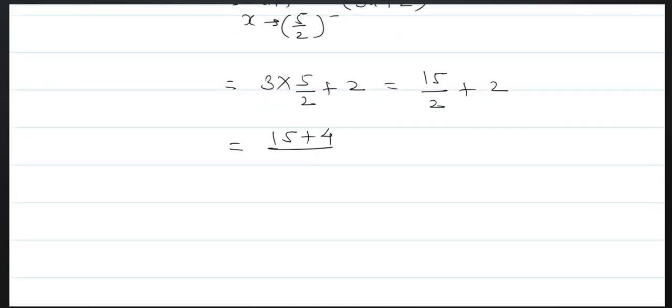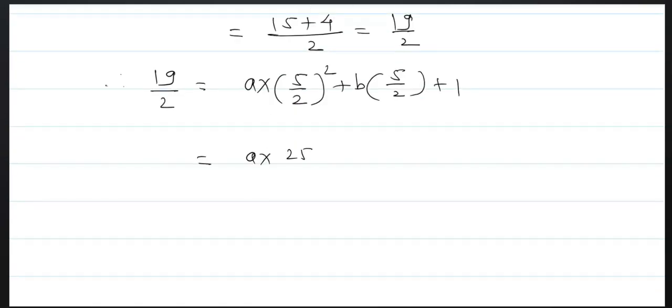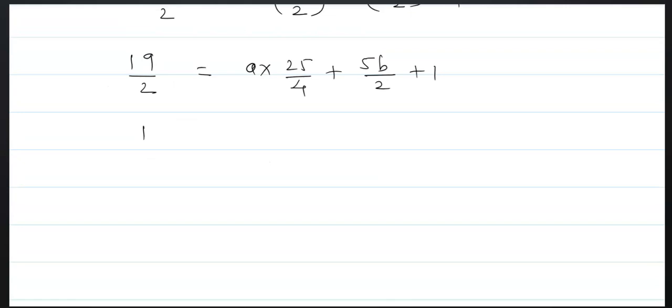We take the function. Therefore, 19 by 2 is equal to, this is the right hand side. Both are equal.